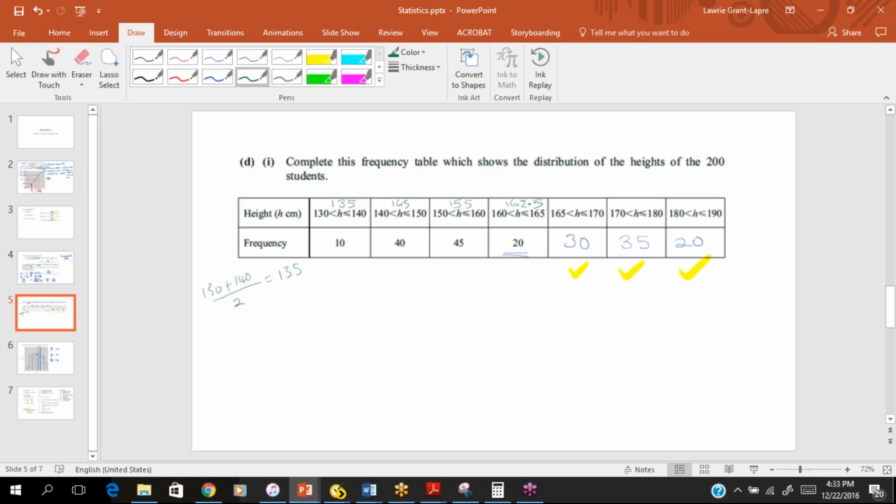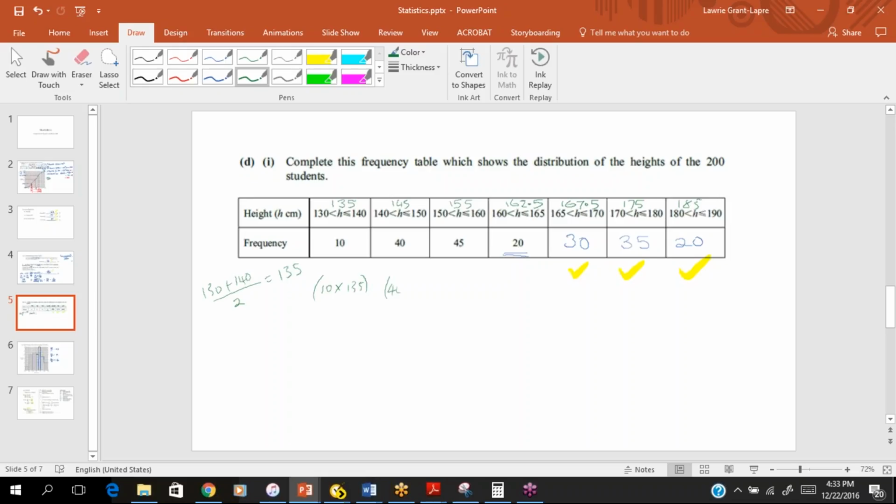So this would be 145, 155, 162.5, 167.5, 175, 185. And to get the mean, you have to go 10 times 135.